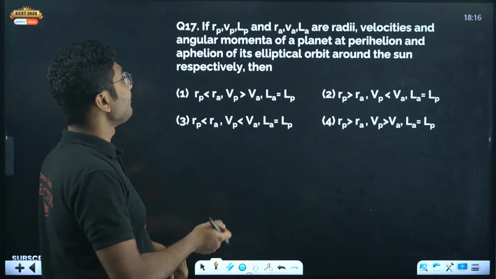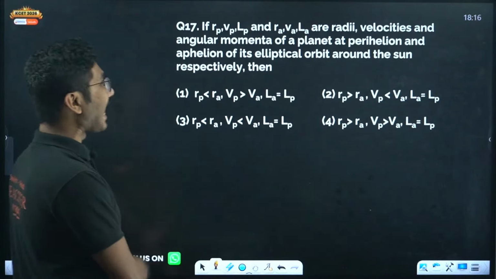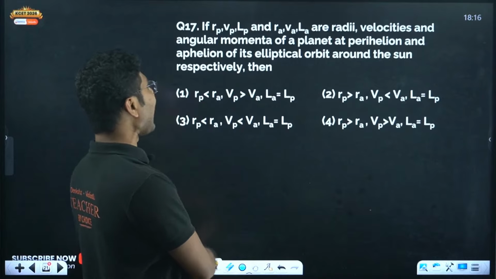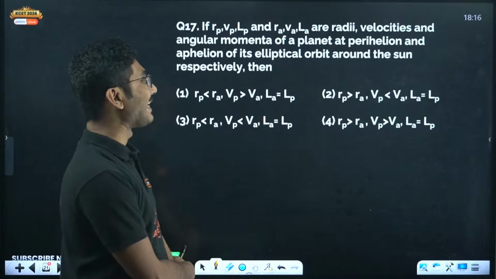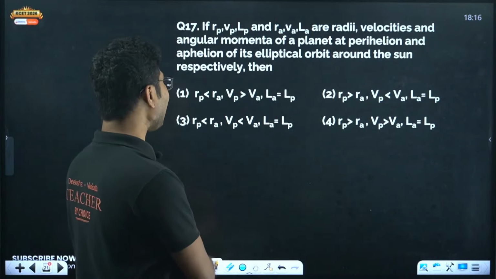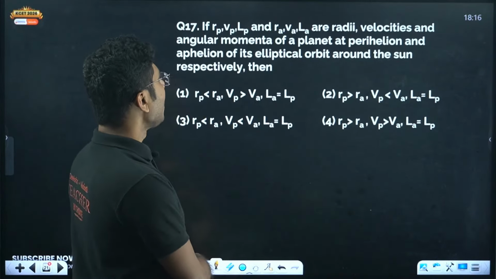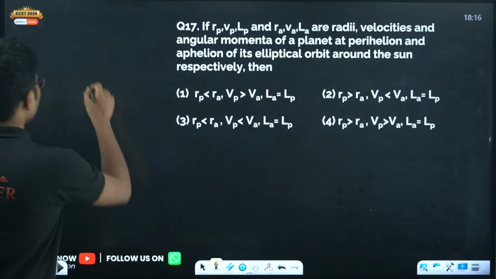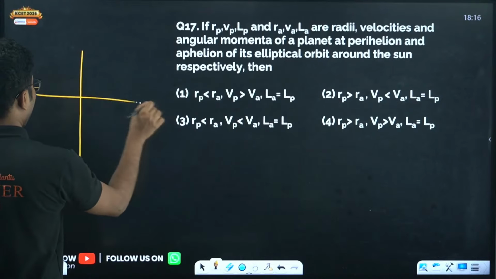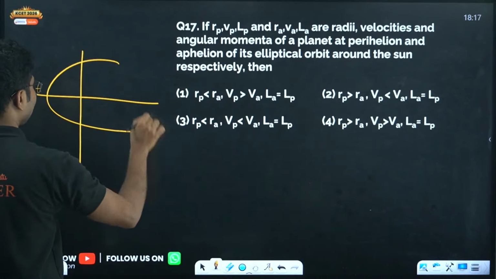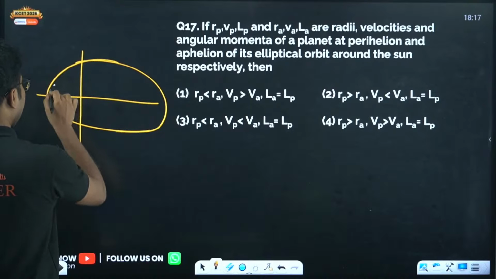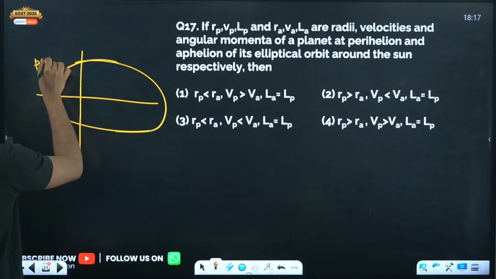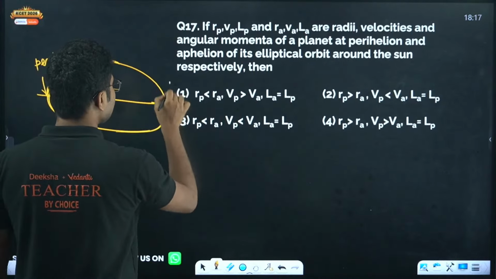If Rp, Vp, Lp and Ra, Va, La are radii, velocities and angular momentum of a planet at perihelion and aphelion of its elliptical orbit around the sun, then, so if this is a planet, the closest approach is called perihelion and the farthest distance is called aphelion.